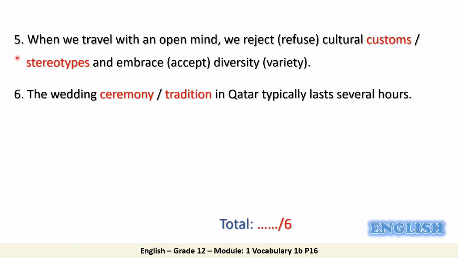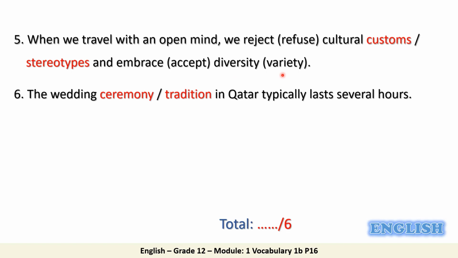The same here with questions 5 and 6. Pause, take your time, use the dictionary, choose the correct answer, and then let's go. Number 5. When we travel with an open mind, we reject. Reject means refuse. Cultural, customs, or stereotypes, and embrace. Embrace means accept, diversity.